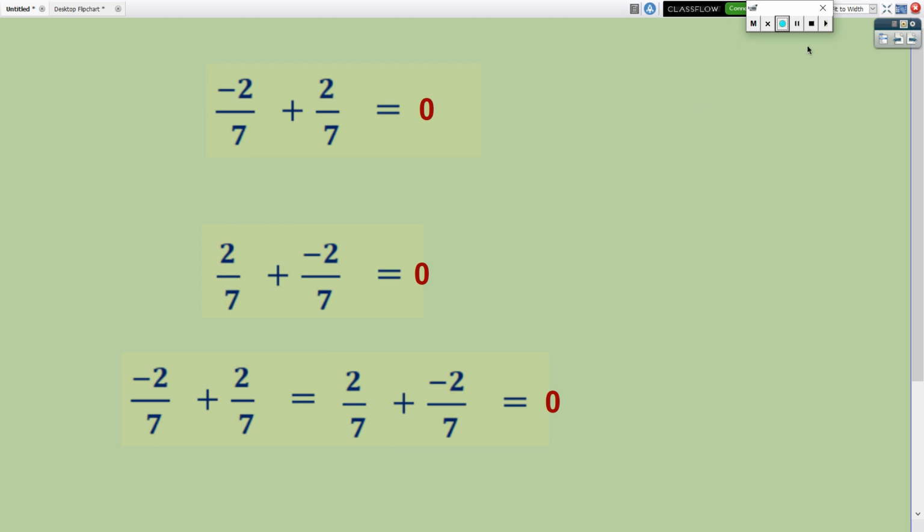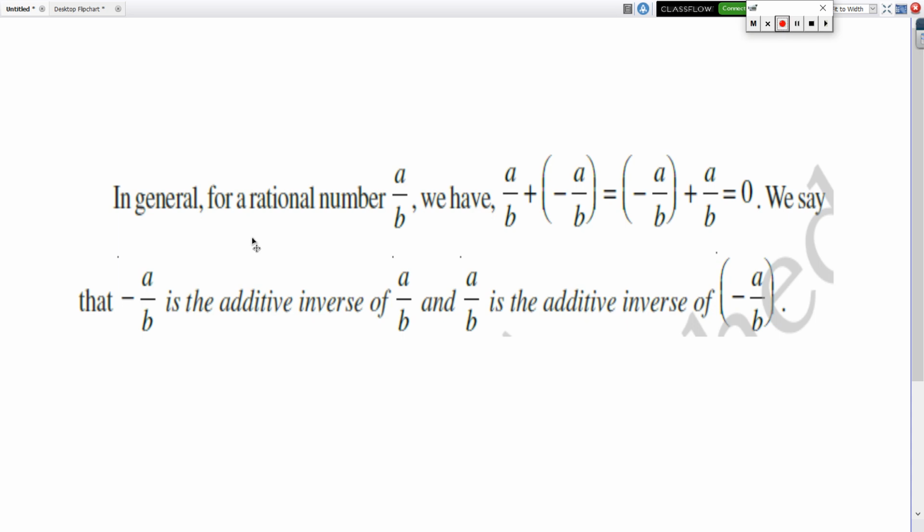So in general we can say for a rational number a by b, we have a by b plus negative a by b is equal to negative a by b plus a by b equal to 0. We say that negative a by b is the additive inverse of a by b or a by b is the additive inverse of negative a by b.